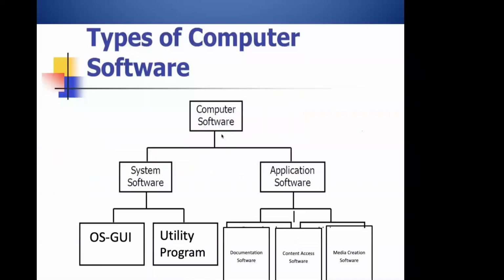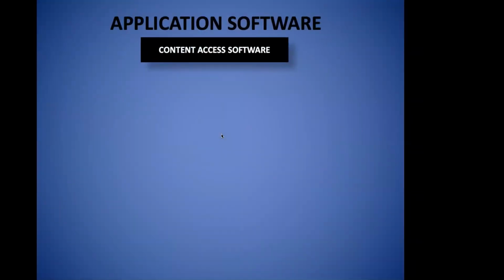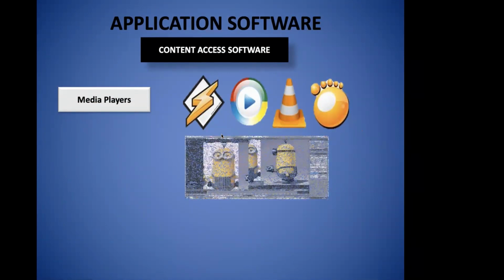Then we have the media creation software, which comprises media players for playing back multimedia files like music, videos, or both. Now, what software do you use for generating animated images by using computer graphics?